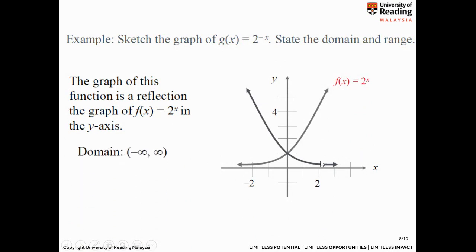So this is the graph of f of x equal to 2 to the power minus x. So the domain will always take from minus infinity to positive infinity, and the range is always above the x-axis, so it is greater than 0 and goes right up to infinity.